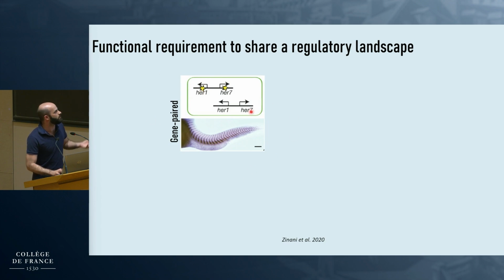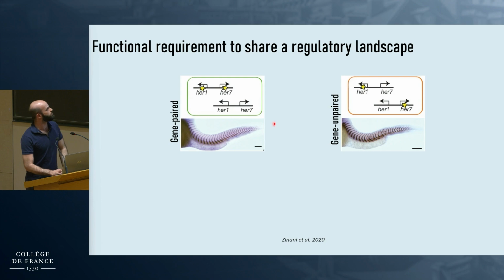And the fish is perfectly fine. But when you do the same, so you have the same total number of proteins, HER7 and HER1, but now on different copies, the two intact ones on different copies, now you get phenotypes with deficient segmentation.